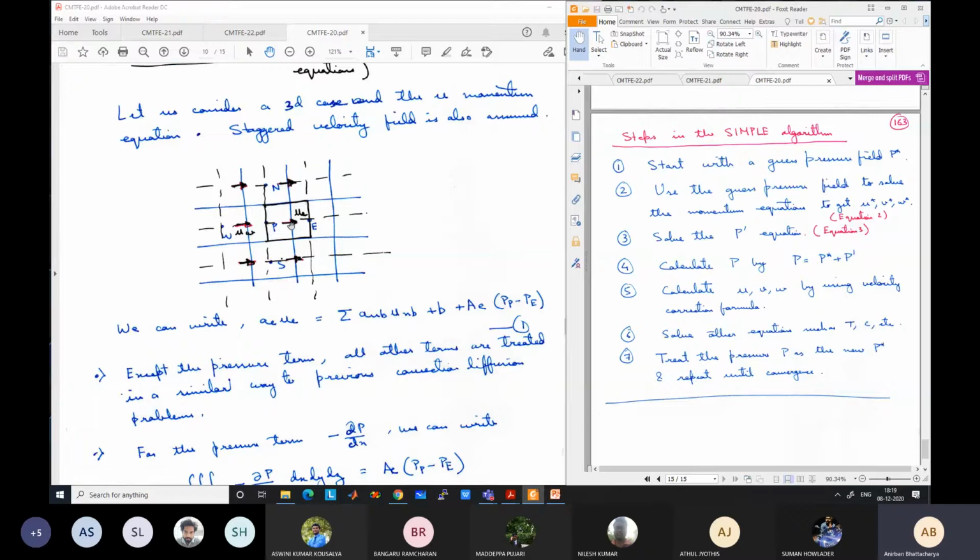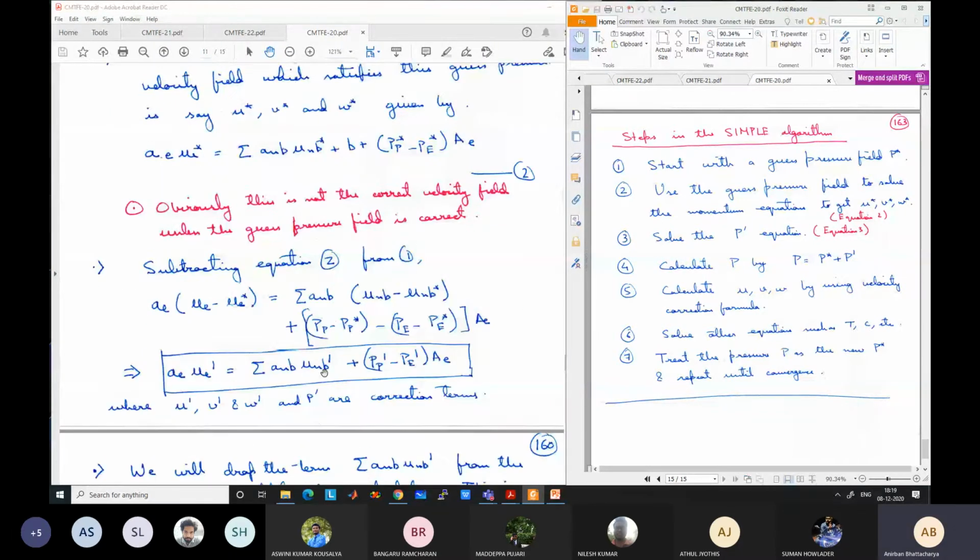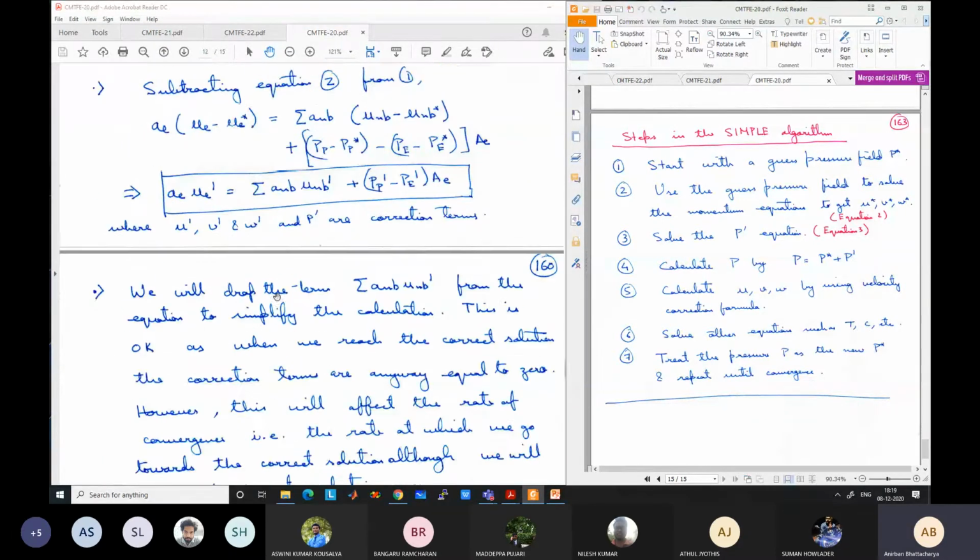So indirectly this velocity depends on all the velocities in the entire domain, if we use the ANB UNB dash term. That's why we omitted it. We noted that this does not cause any problem, because when we reach the correct solution, the dash terms will be 0, meaning there is no correction required, and the star terms are themselves the correct solution. So omission will not hamper the correct result, only the rate of convergence.